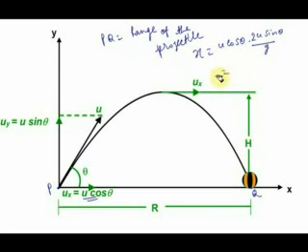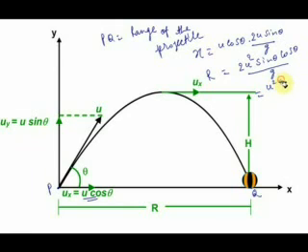So the range will be 2u square sin theta cos theta by g. Now 2 sin theta cos theta is equal to sin 2 theta, so we have range is equal to u square sin 2 theta by g. So this is the horizontal displacement of the projectile at the end of the flight.